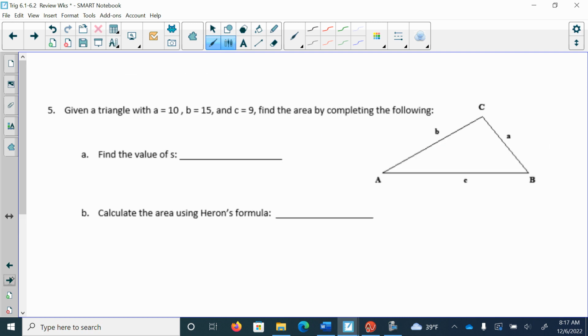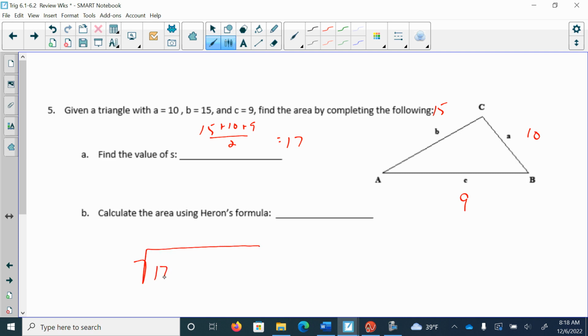Okay, number 5 is asking us to find the area. And to find the area, I have A is equal to 10, B is equal to 15, C is equal to 9. So the first thing I'm going to do is find my S. And so I'm going to write 15 plus 10 plus 9 and divide that by 2. And when I do that, I get 17. Then calculate the area using Heron's formula.